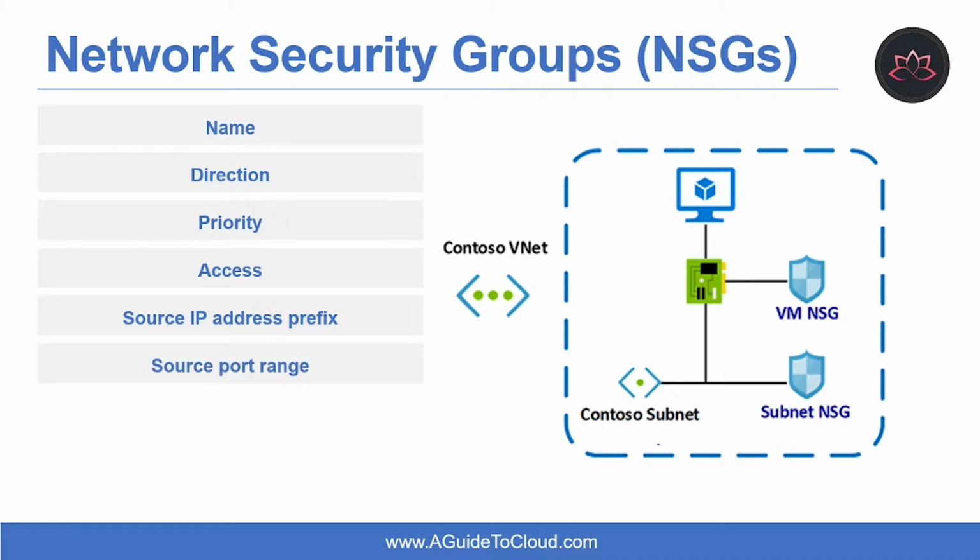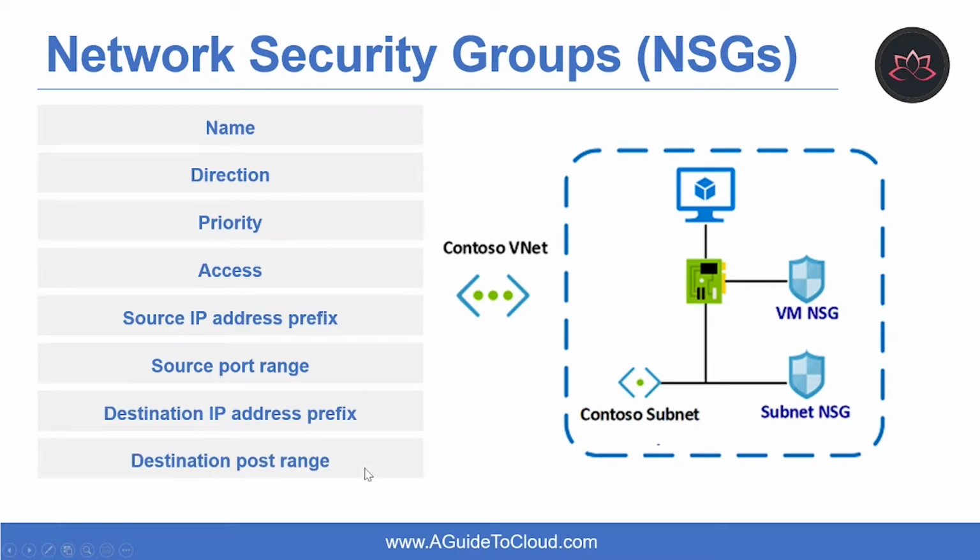This specifies the source port by using either a single port number from 1 through 65,535 or a range of ports, for example 200 or 400. Then we have the destination IP address prefix. This identifies the traffic destination based on a single IP address, a range of IP addresses in CIDR notation, or an asterisk to match all possible IP addresses.